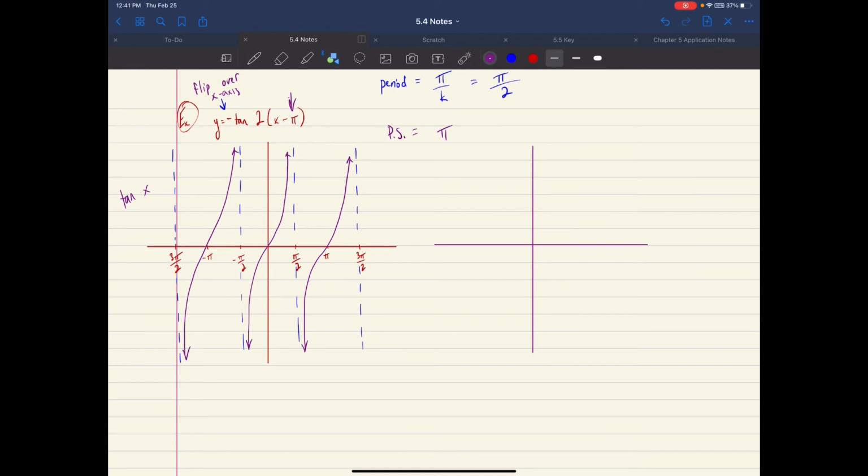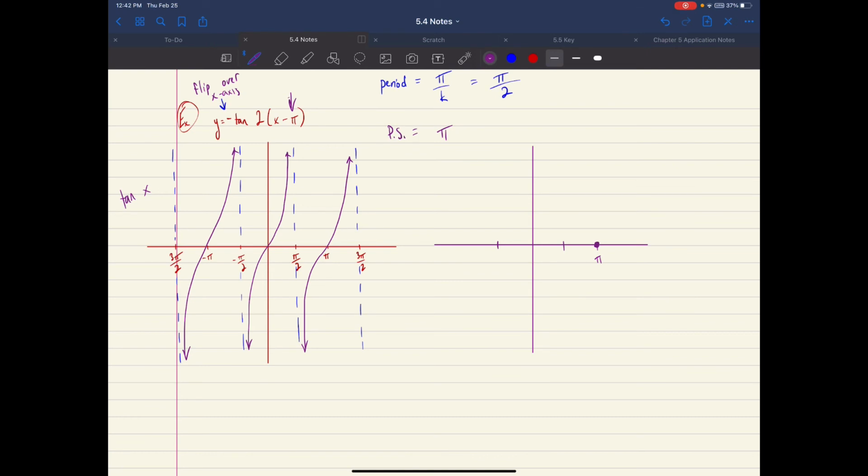Okay, so the period is pi over 2 and the phase shift is pi. I'm going to take what starts at 0 on the tangent graph and shift that over pi units. So my new intercept point would be at pi.